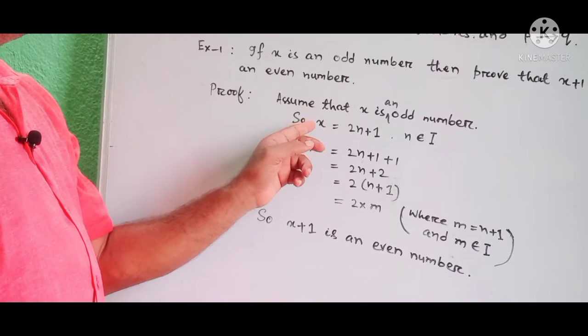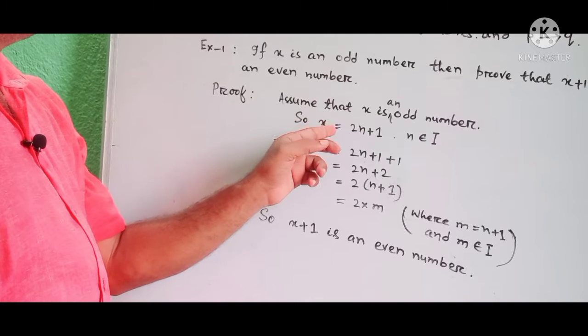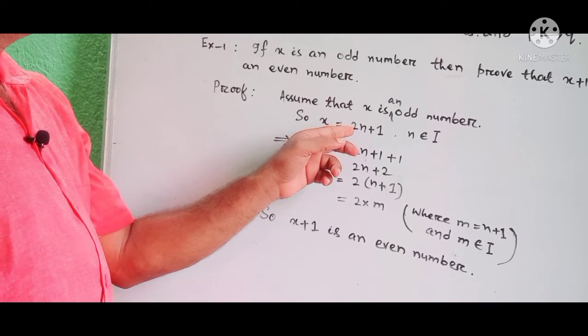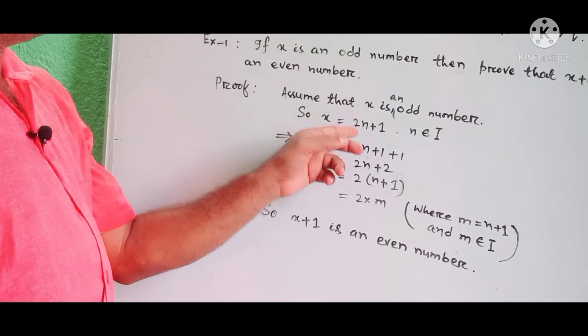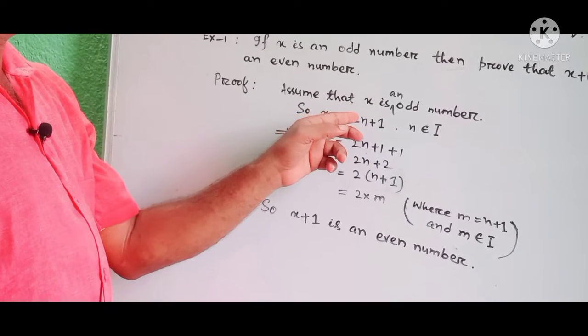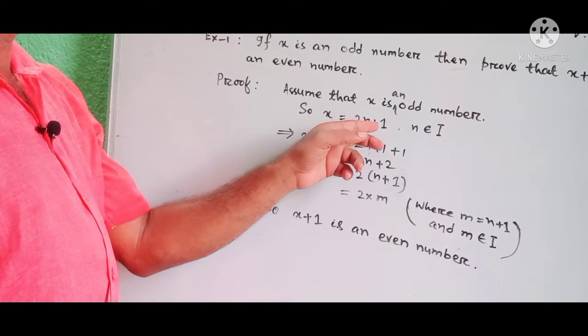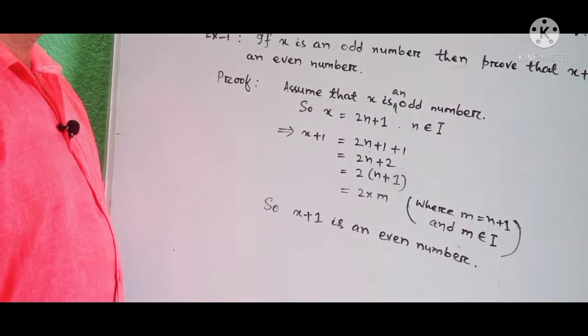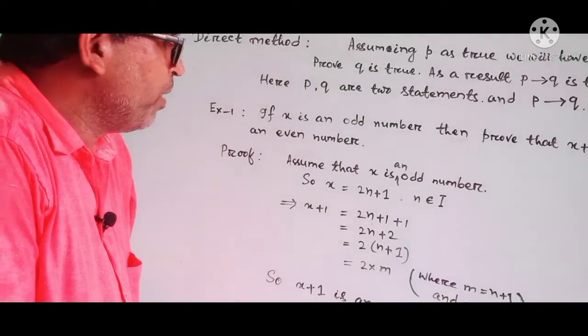When a number is in the form 2n plus 1, that means 2 multiplied by an integer n, plus 1, then we say that number is an odd number.